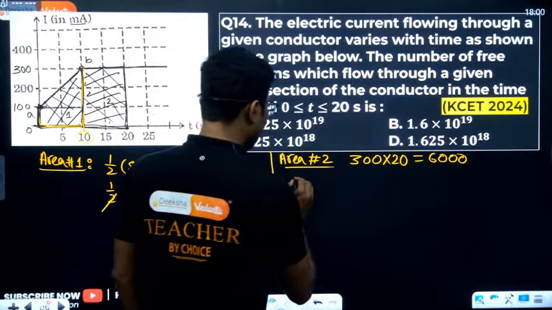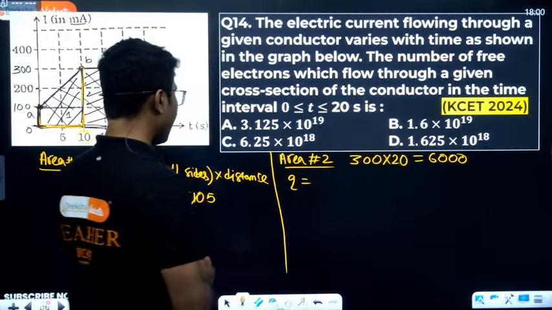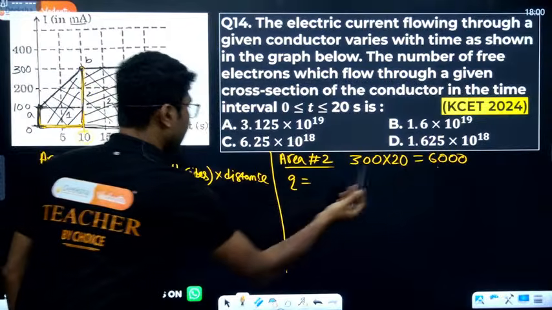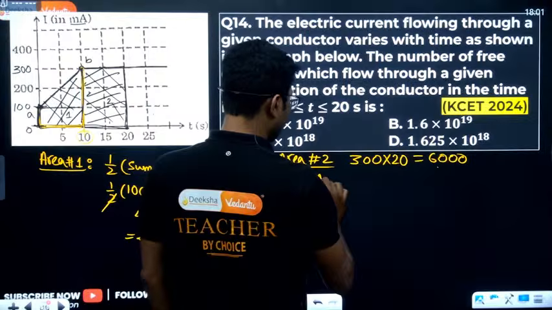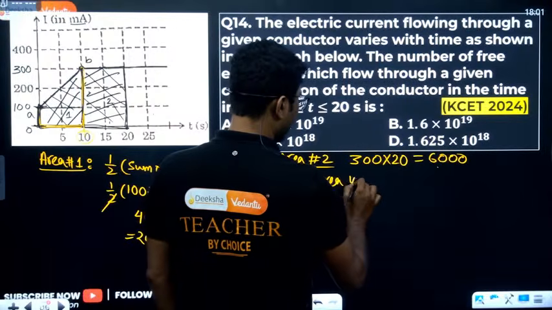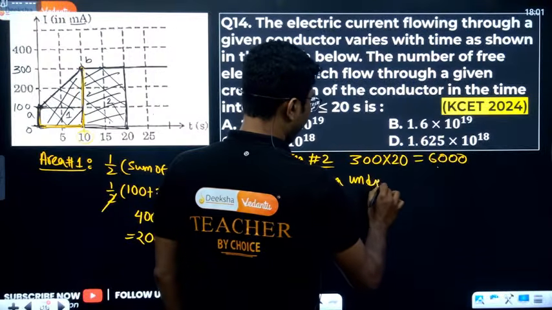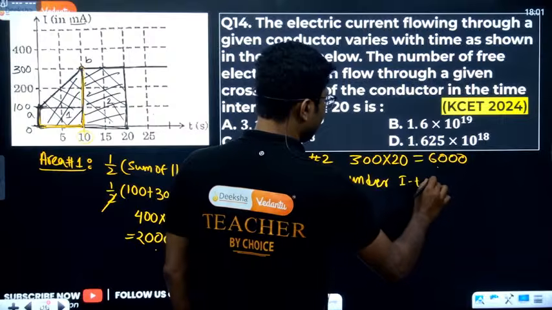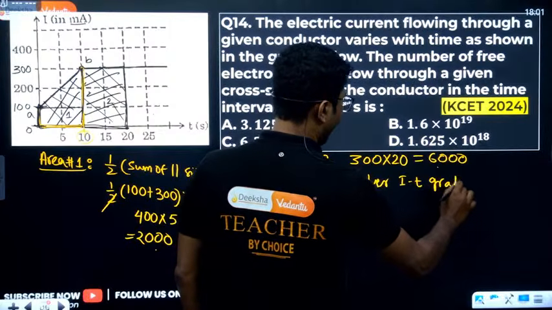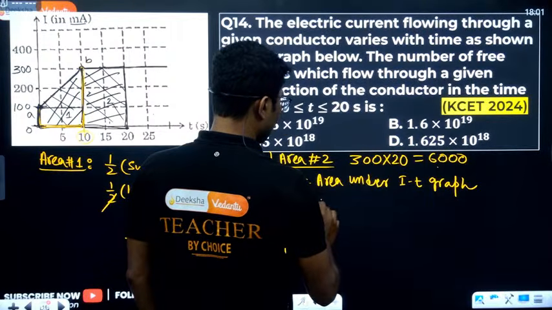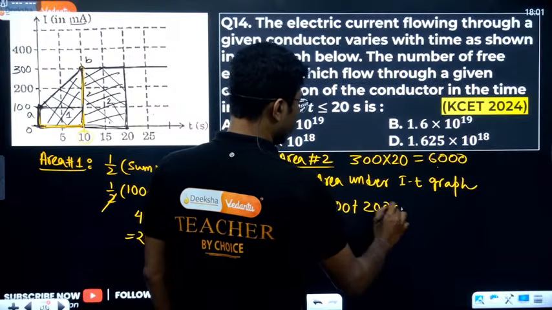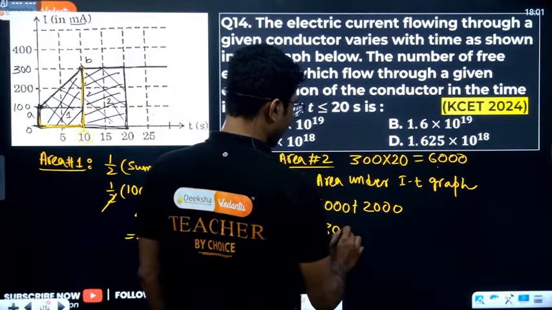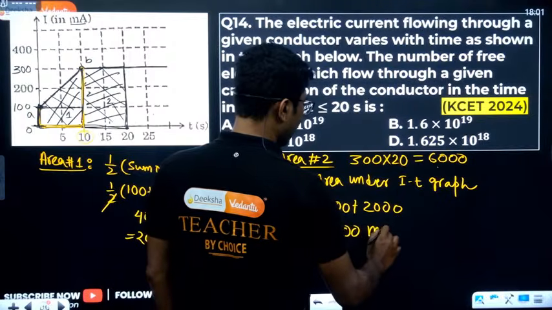Okay, so total charge is the addition of these two, that is the area under the I-T graph. So this will be 6000 plus 2000, that is 8000 millicoulomb.